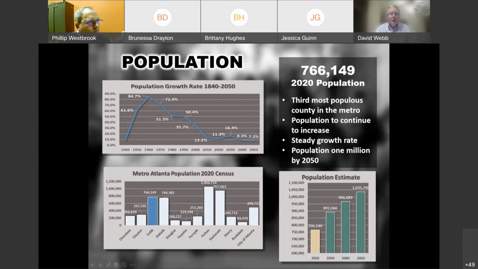So within 30 years, I'm sure all of us will be spry and still kicking around by then. We will most likely see 1 million people in the county. You can see on the chart our comparison to other metro counties. Fulton and Gwinnett are still above Cobb, but we are number 3 in the metro region. Next slide.